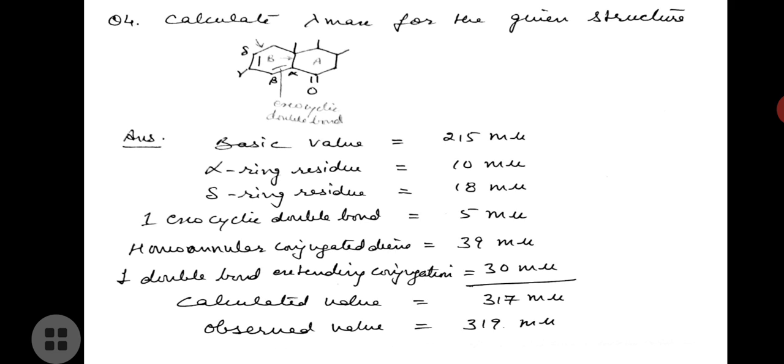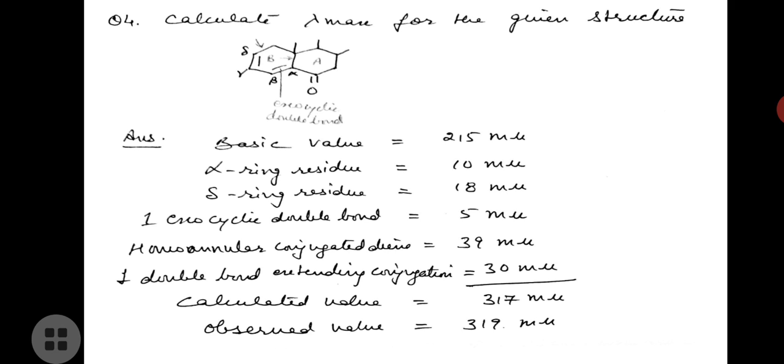Then next, you can see one exocyclic double bond. I have written that in the structure also, and the value is 5 millimicron. Then there is one homoannular conjugated diene. That means the conjugated double bonds are present in the same ring. So you can see it in ring B, and the value is 39 millimicron.